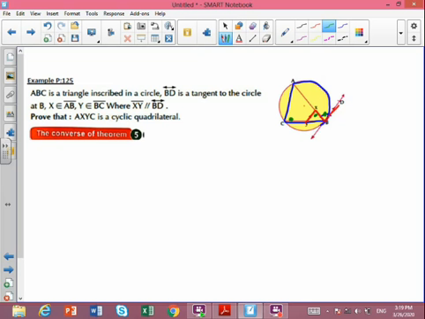Okay, please look at these two angles very well. We have proved that this angle equals this angle and the angle of tangency equals ACB. So of course BAY will be equal to ACY. What is the relation between these two angles?